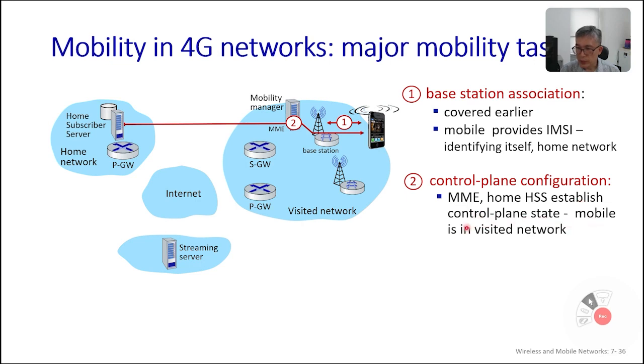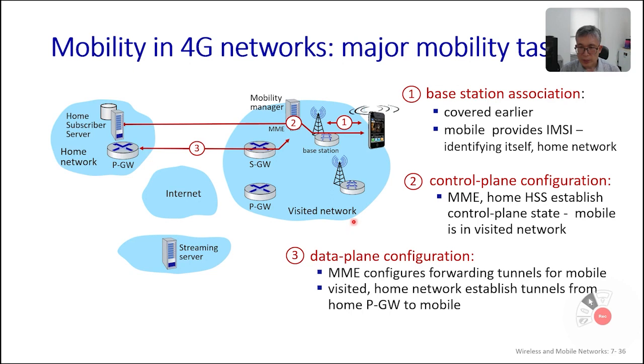So the mobile node is in the visited network right now. The third one is data plane configuration. The MME configures the forwarding tunnel for the mobile device.